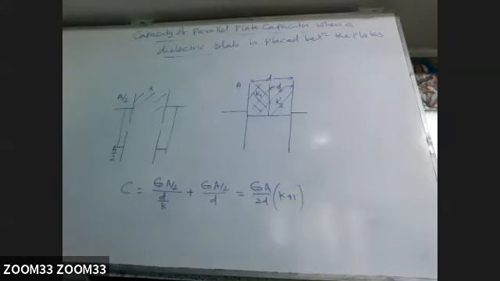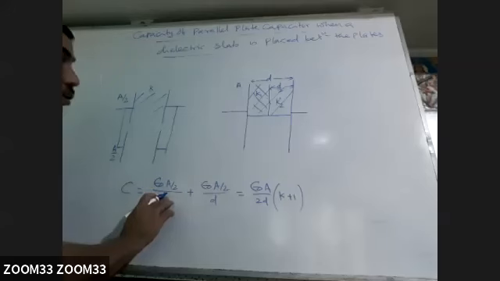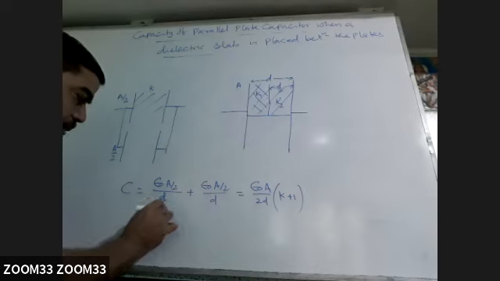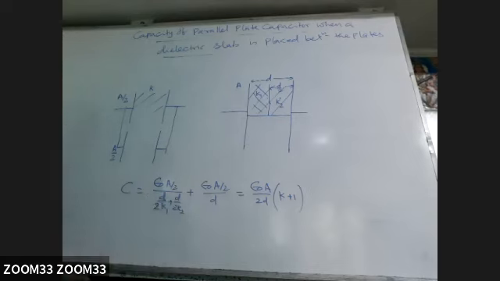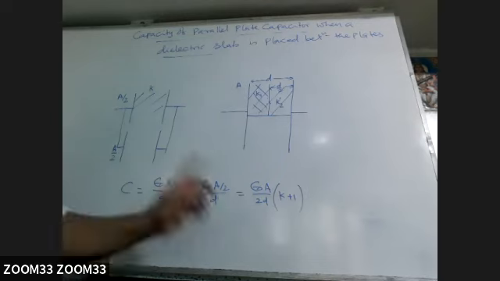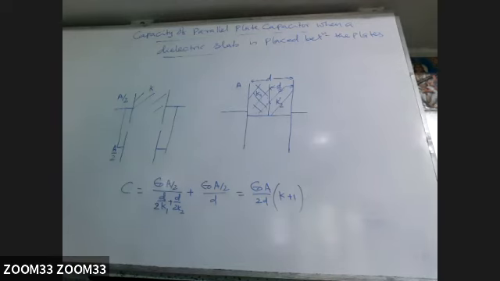So what will be the capacity of one? d by 2 K1 plus d by 2 K2. Epsilon naught A by T1 by K1, that is the general formula.